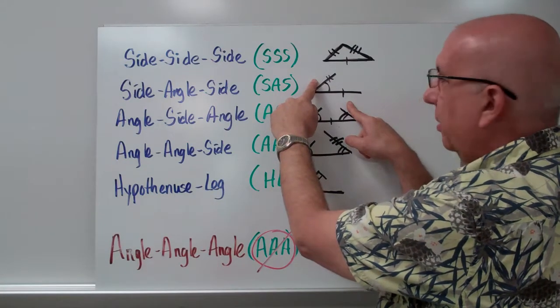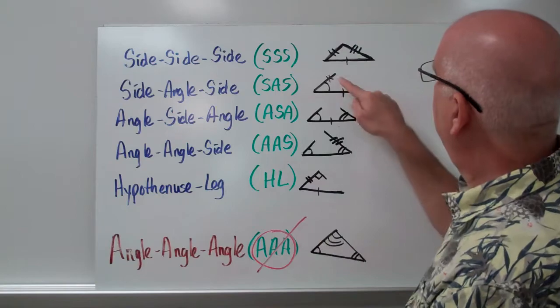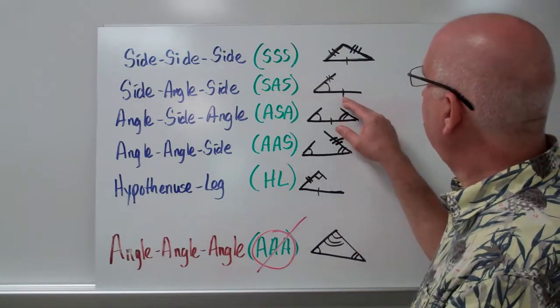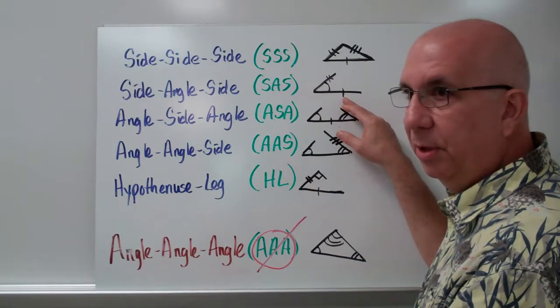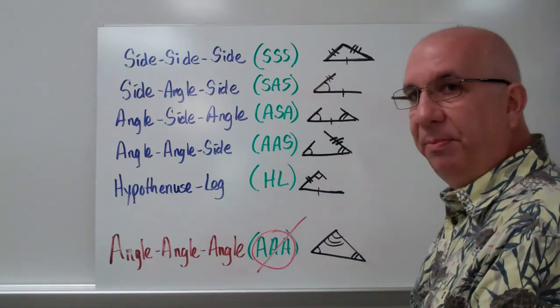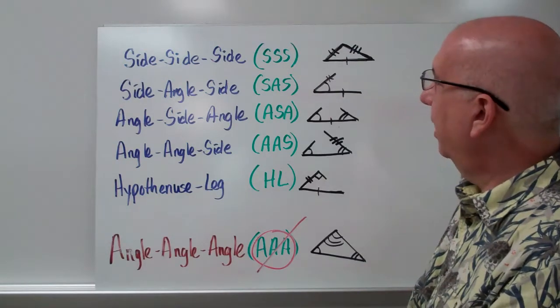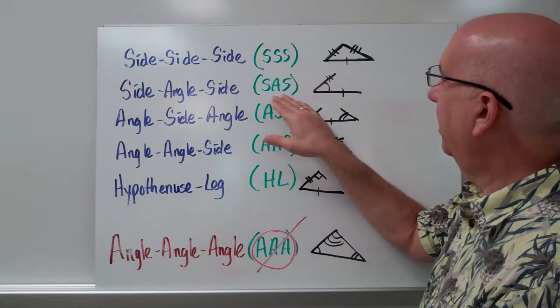So if I have two triangles where I know this side is congruent to the one in the other triangle, and this side is corresponding and congruent to the one in the other triangle, and the angles in between both are congruent, then those two triangles are congruent because of side, angle, side.